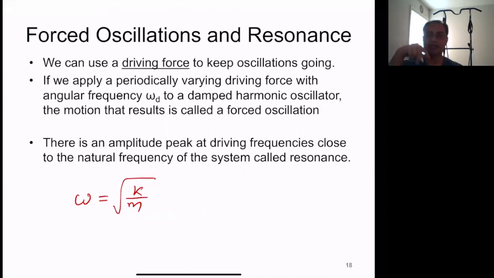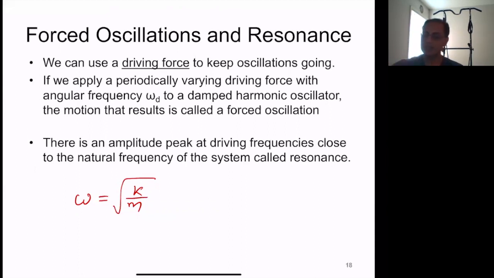And that would force the oscillations to happen in a particular way. Right? So if you apply a driving force, then the frequency of the driving force is what will determine the frequency of the oscillations. And so in that case, the frequency of the oscillations would be different than the natural frequency.